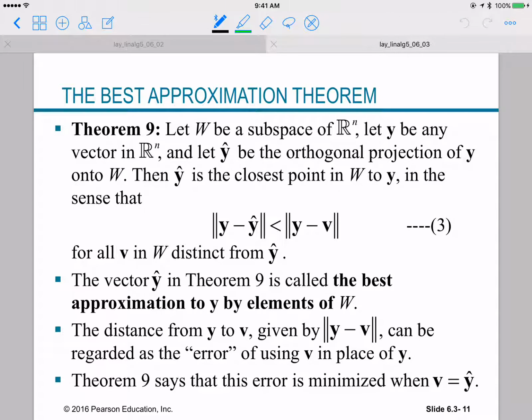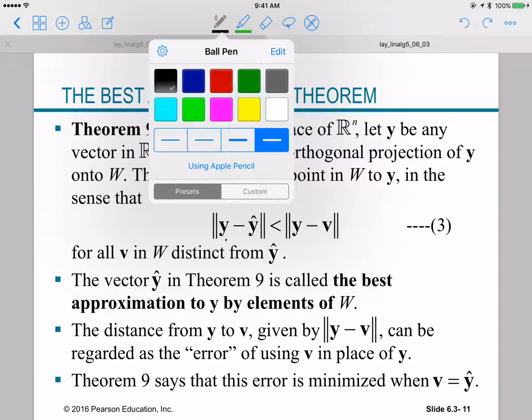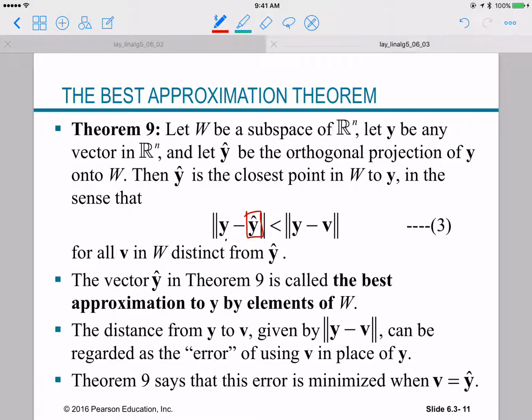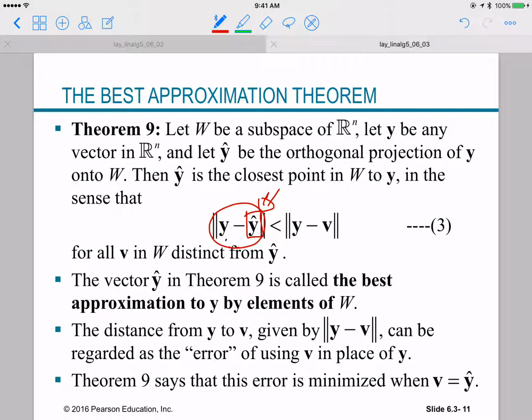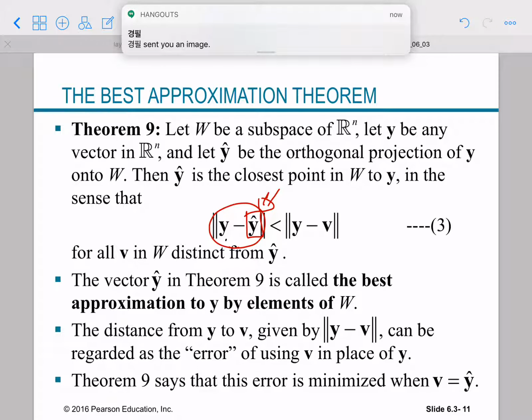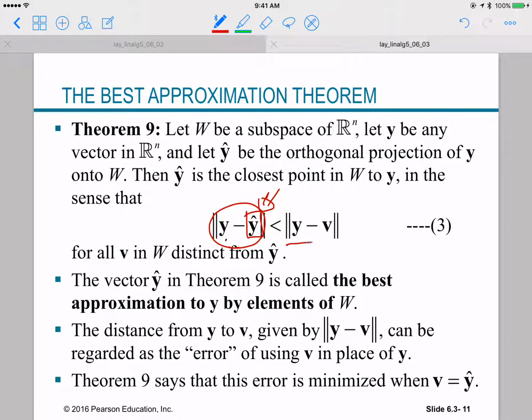Simply, if we have an orthogonal projection y hat, then y minus y hat, which is our error vector, has the minimum length. It should be smaller than any other error vector when using another vector v belonging to our subspace W.